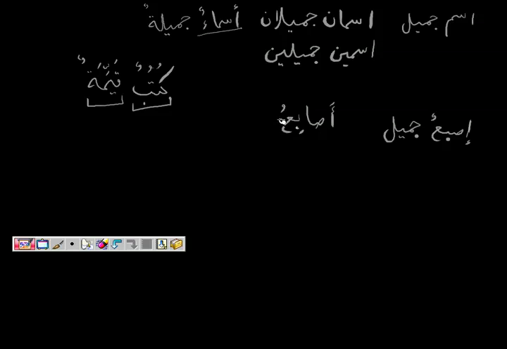Now we had mentioned that with certain exceptions, if you have two of a body part, then it will be feminine. So yad is feminine, correct? Ain is feminine. Udhun is feminine. There are some that are masculine, like hajib, the eyebrow.